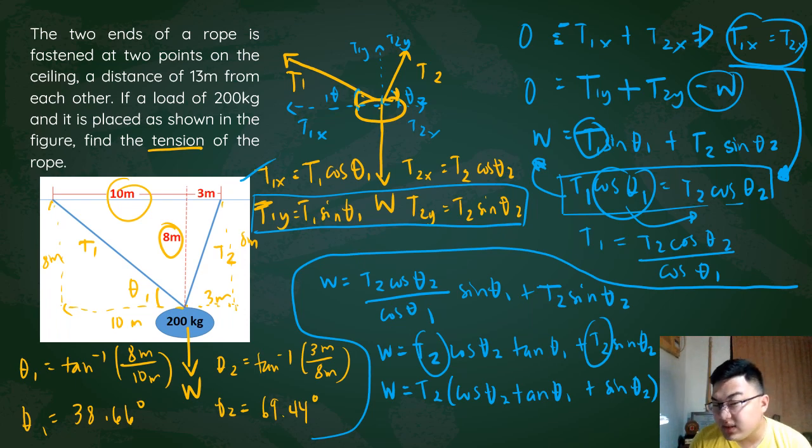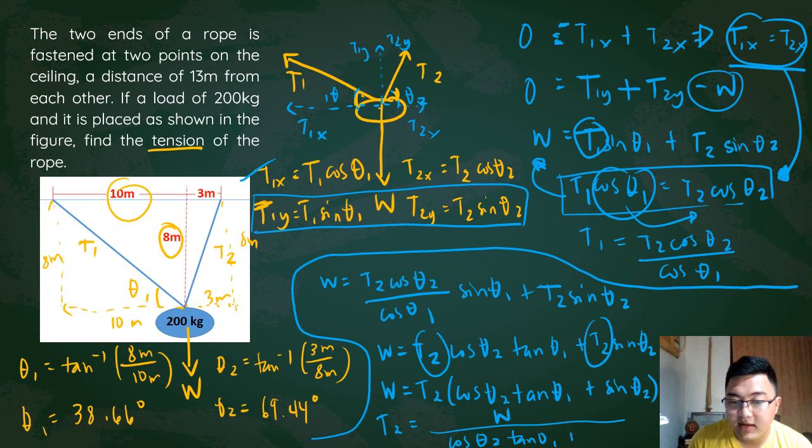Then, to isolate T2, we transpose that one again. That will become T2 is equal to weight all over cosine theta 2 tangent theta 1 plus sine theta 2. So that is now our equation.